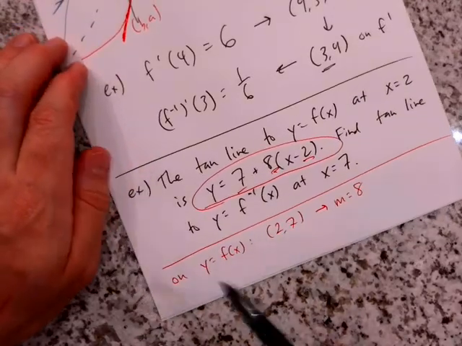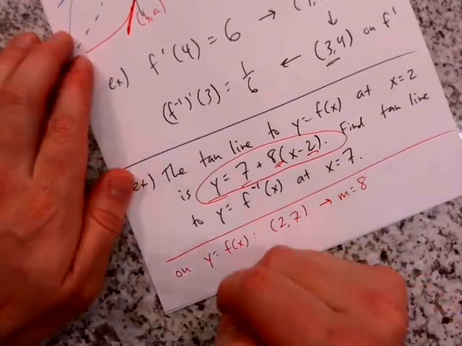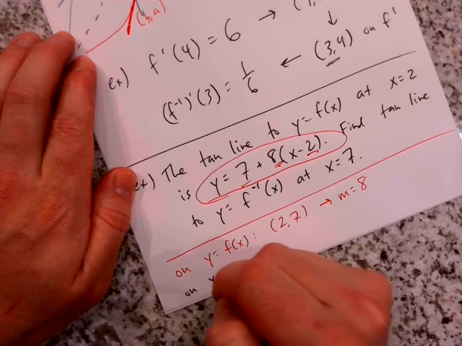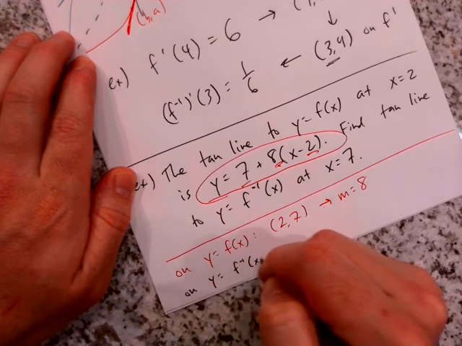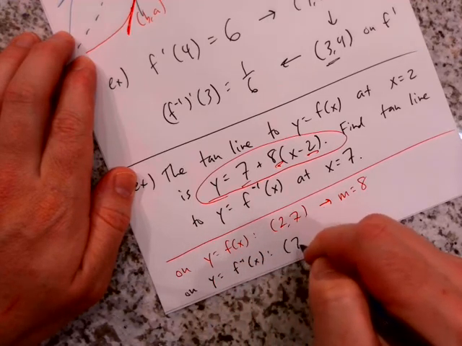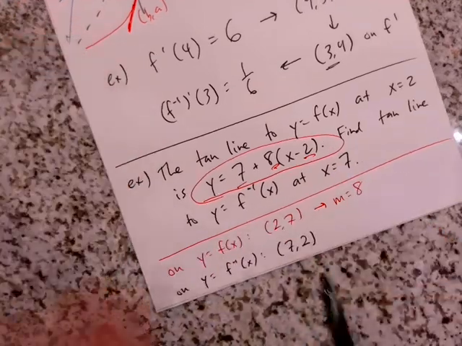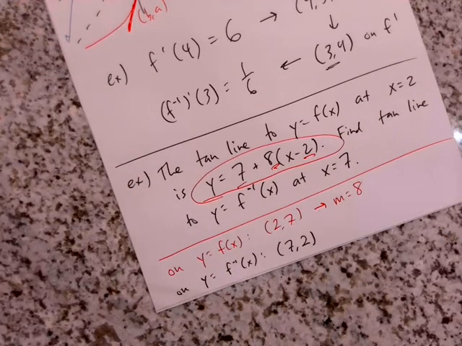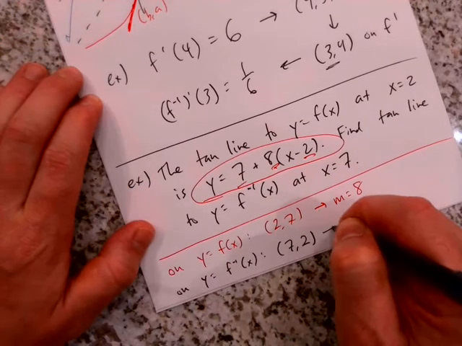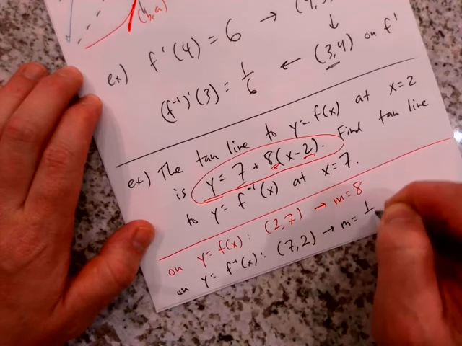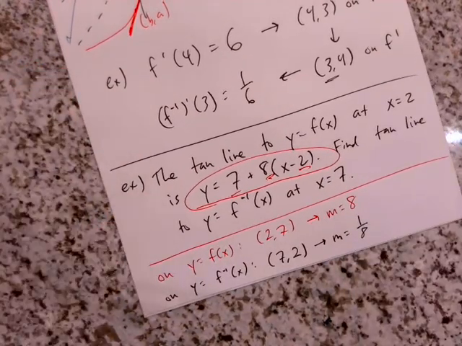Well, this means that on f inverse's graph, the corresponding point is 7 comma 2. This is the point that you get by switching those inputs and outputs. And the slope at that point will be the reciprocal of the slope at the corresponding point, because you switch x and y, which means slope gets flipped over.